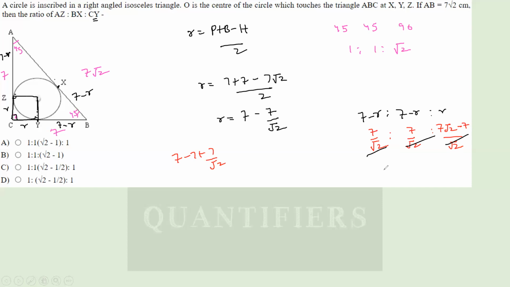So you will get 1 is to 1 is to root 2 minus 1. Okay, so I hope this question is clear to all of you. Let's see the next one now.